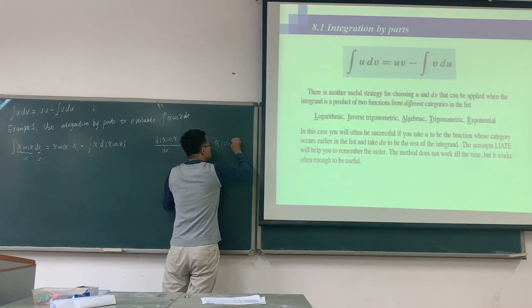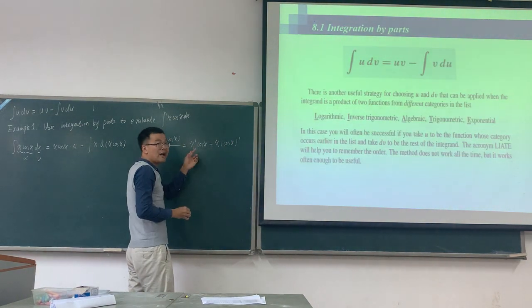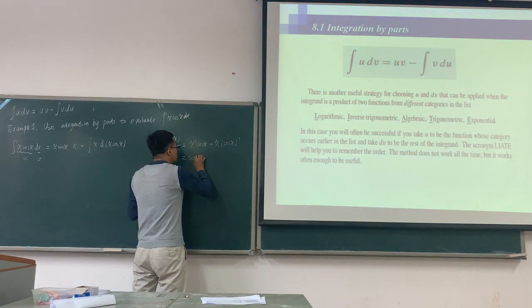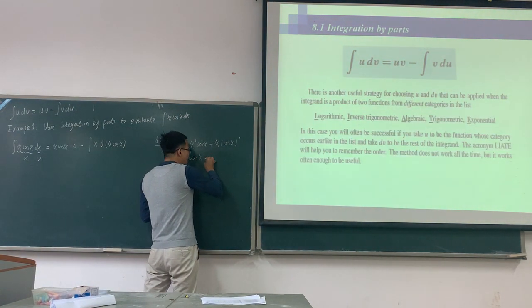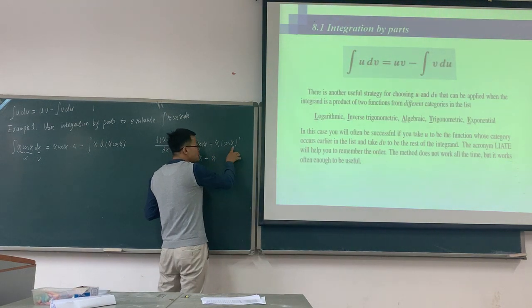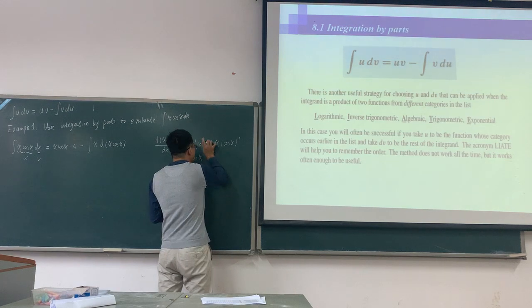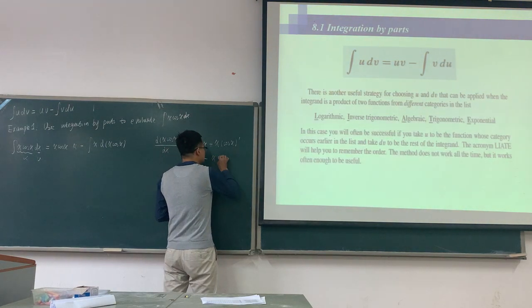So x prime is 1. So here is cosine x plus x times cosine x prime, which is minus sin x.